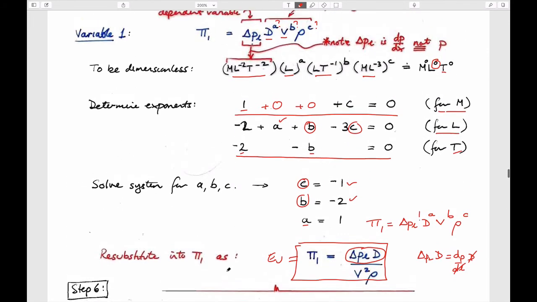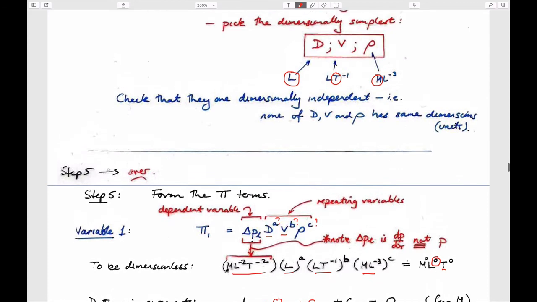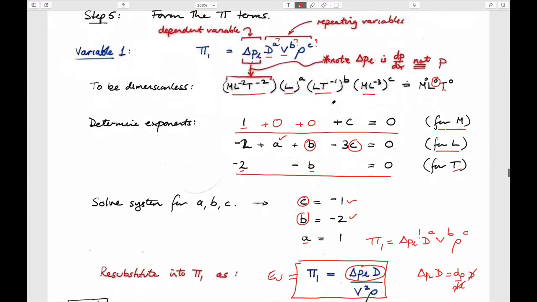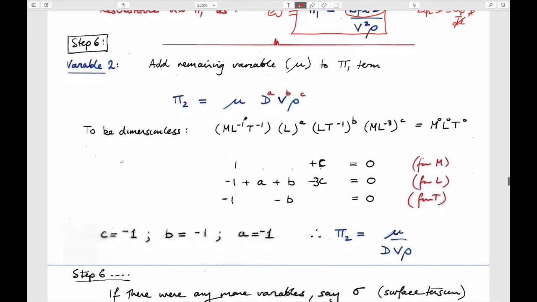And so we've done it once. So if you recall, we had 3 repeating variables, which are these ones that we used. We used the pressure as the first dependent variable, and we're left with one other dependent variable, which is the viscosity. So now what we're going to do is write them with the same 3 repeating variables, but with a new dependent variable. Before this was delta P L, so we just replace that.